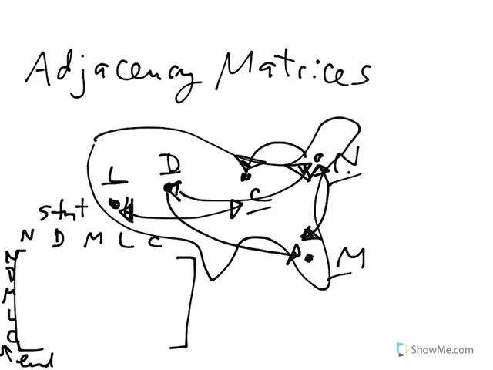For instance, there is a trip from Denver to New York, as I can see, so I'll put a 1 there if there is a way to get from that place to the other place. There is from Miami to New York, but at least in this picture, there's no Los Angeles directly to New York.